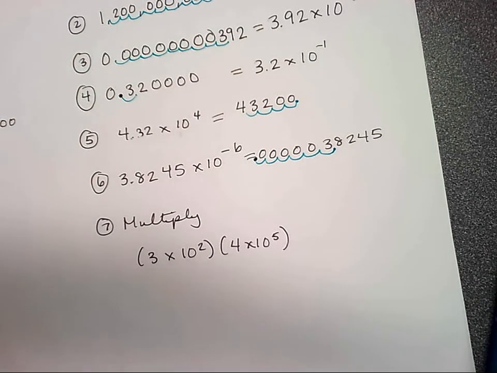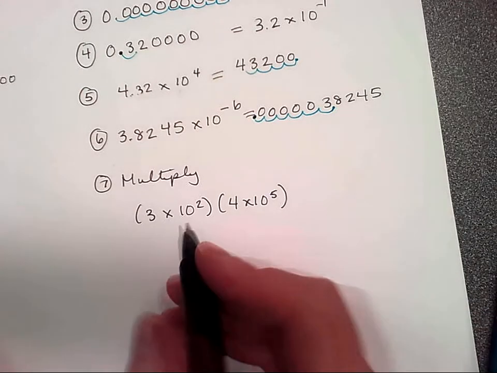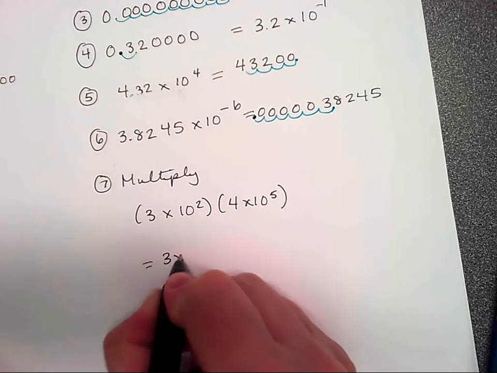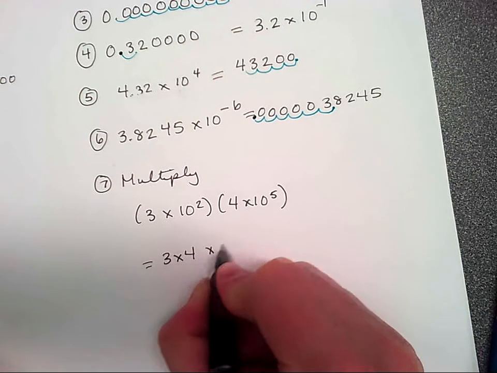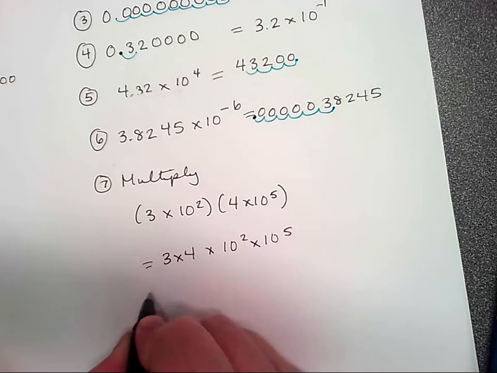Multiply these and keep them in scientific notation. So how do I do this? Well, I'm going to multiply my numbers together, and then I'm going to use rules of exponents on my 10. So I can rewrite this as 3 times 4 times 10 squared times 10 to the 5th.